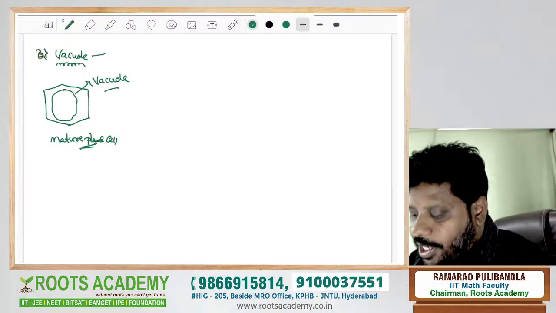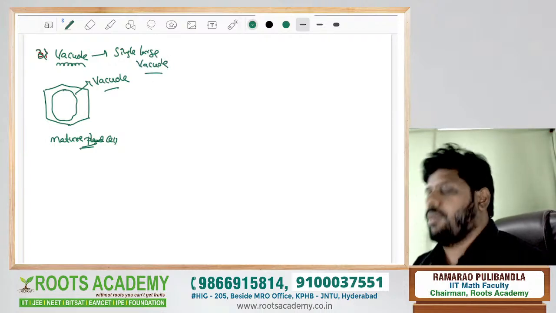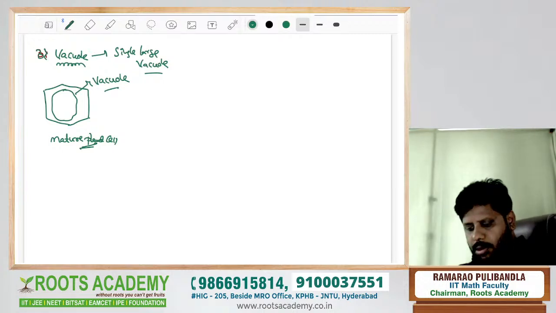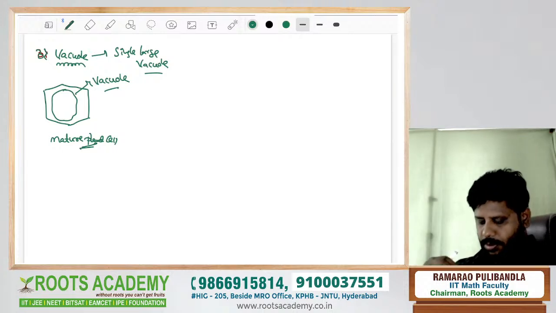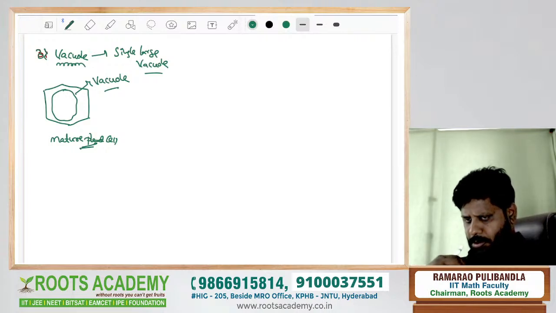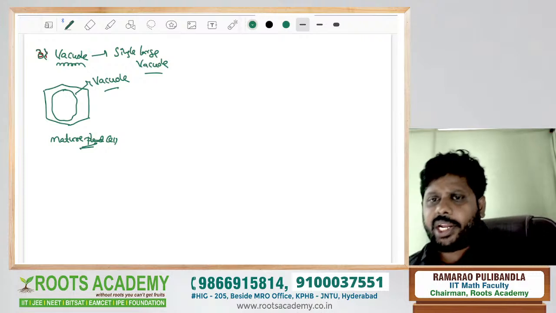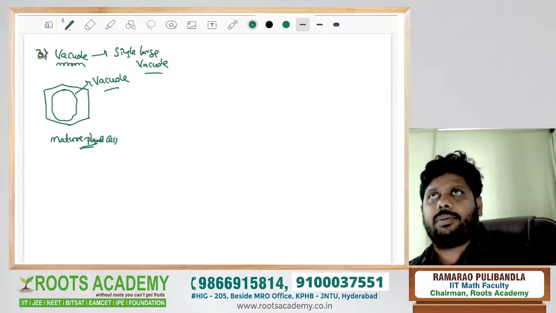The inner 90% is occupied by the single large vacuole.